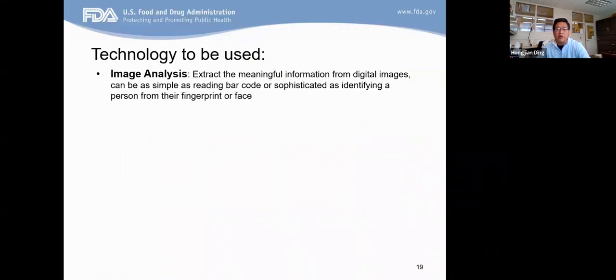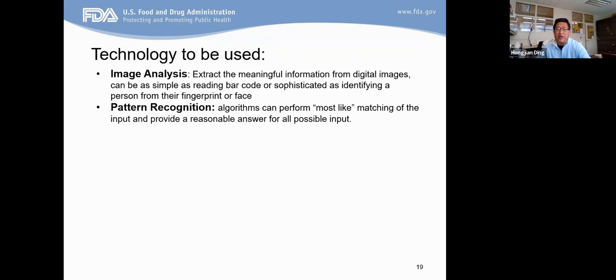We use image analysis, extracting meaningful information from highly qualified digital camera images, and also use pattern recognition. We all know the elytra have different patterns, and the algorithm can perform the most likely match of the input and provide a reasonable answer for all possible input.